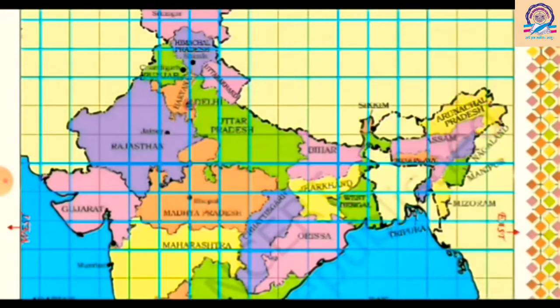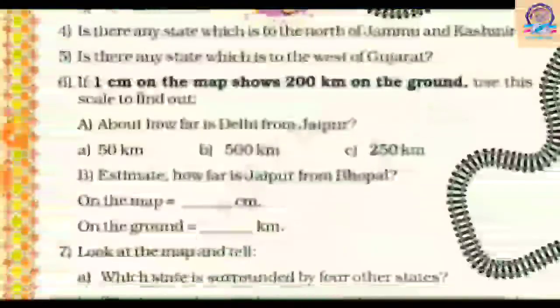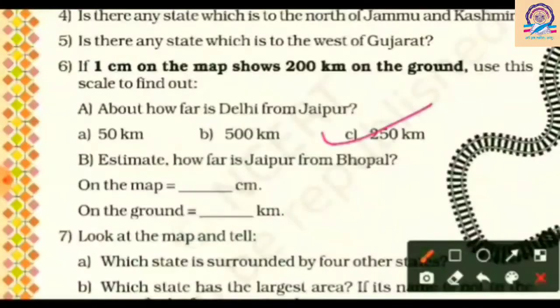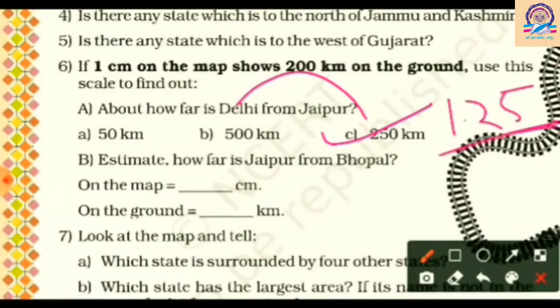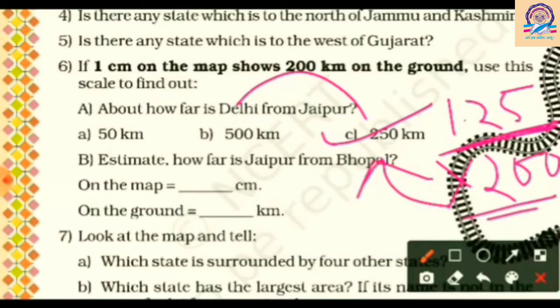So it will come around 250 kilometer. So Delhi and Jaipur have a distance of 250 kilometer. Okay, 1.25 centimeter on the map, multiplied by 200, gives us 250 kilometer.